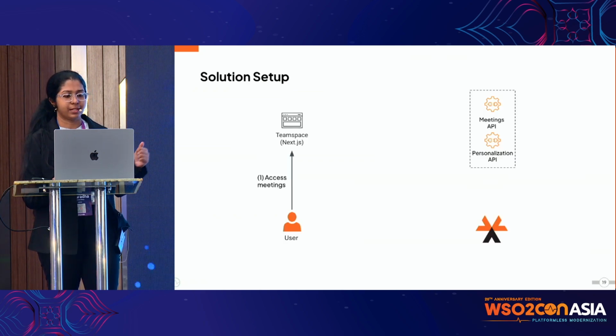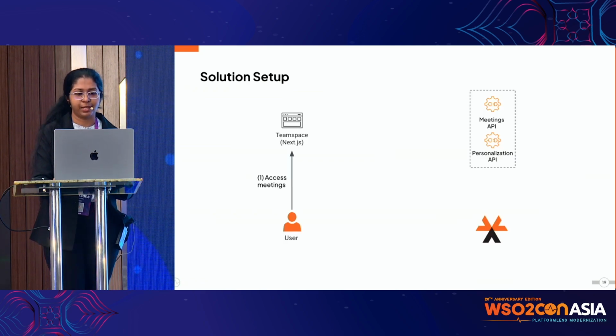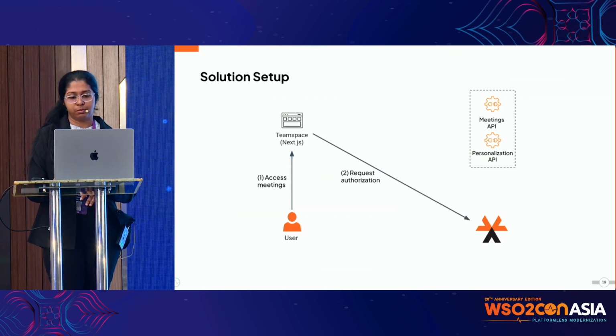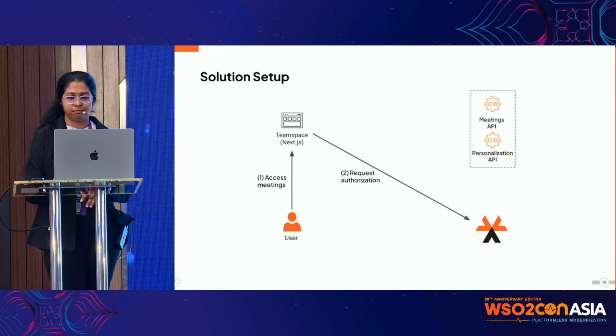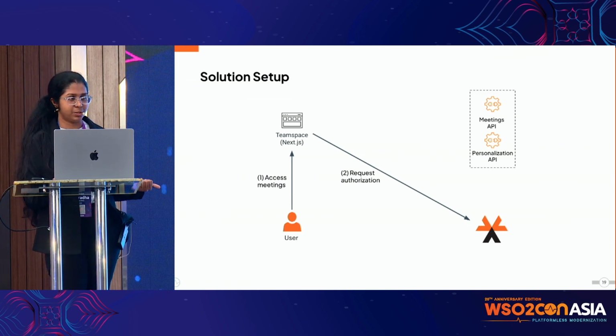Once you access the TeamSpace application to schedule a meeting, TeamSpace will talk to Asgardeo and request authorization. Then, if there is no authenticated user session available, Asgardeo prompts the user to give their credentials based on the configured login flow.